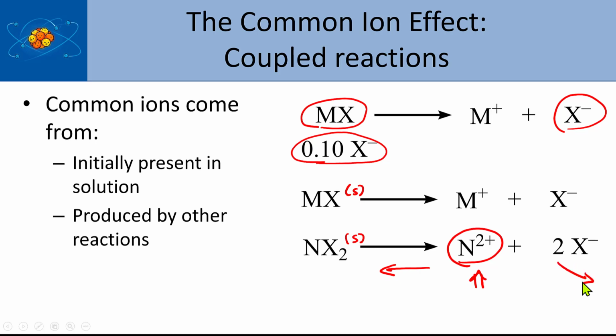And if this goes down, this presents in the other equilibrium as this has been changed, and then the equilibrium will shift to the right. And that is the sense in which they are coupled. You can make manipulations of an ion and indirectly affect another reaction based on the ion they're coupled together by.